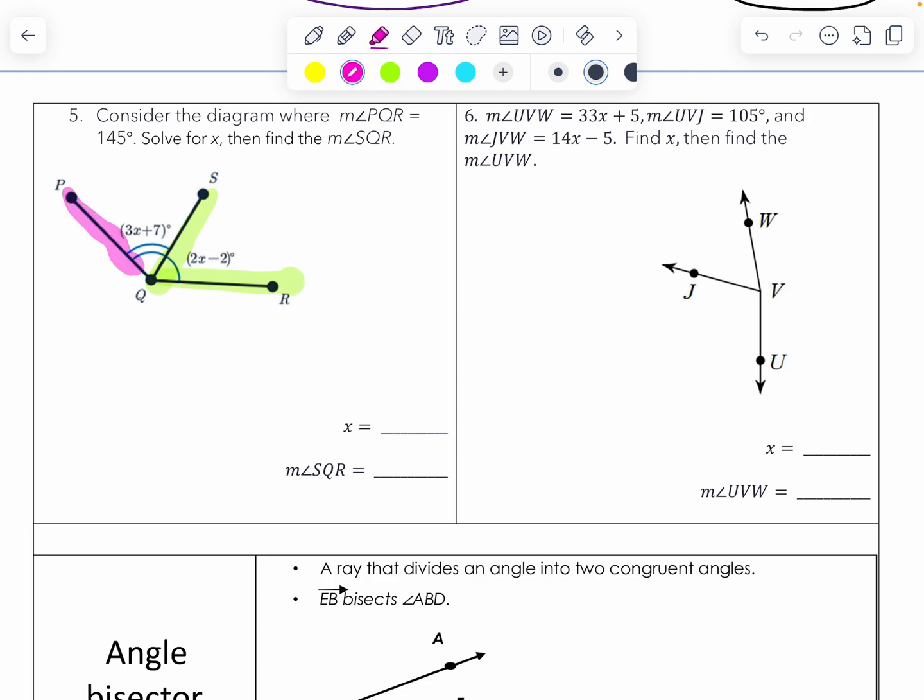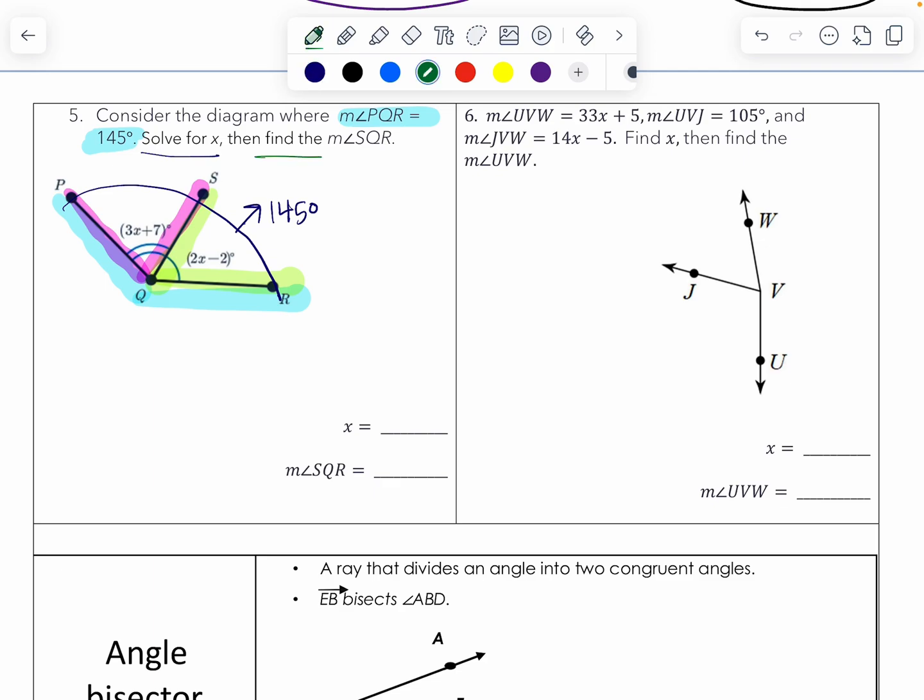This pink thing is 3x plus 7. And then they tell us that the measure of PQR is 145. So the big angle, this entire thing, is 145. And they want us to solve for x, and then next to find the measure of an angle.